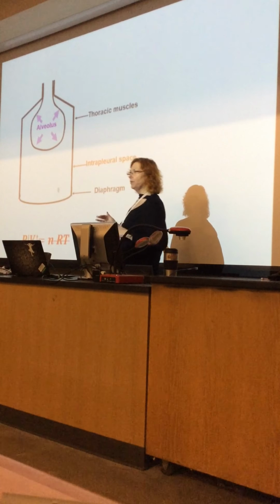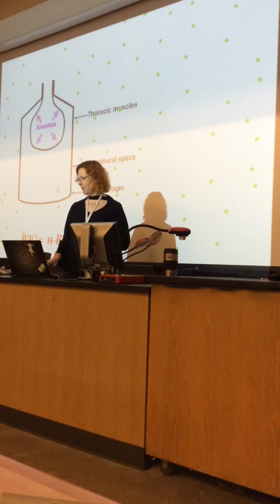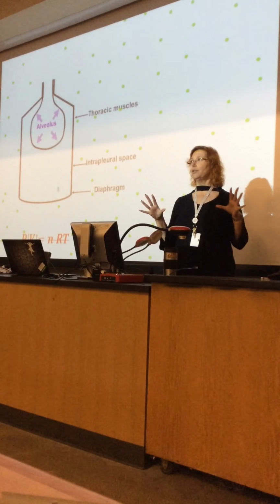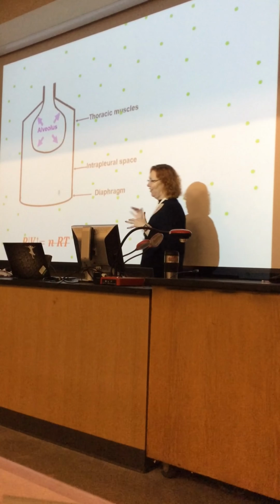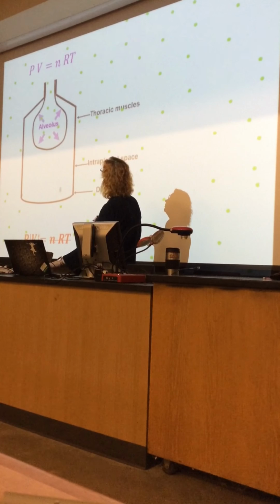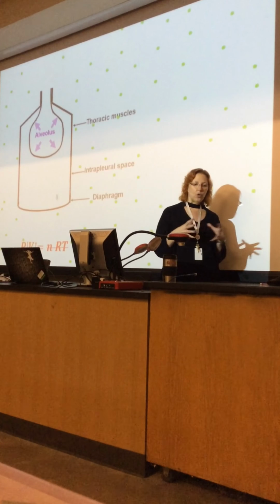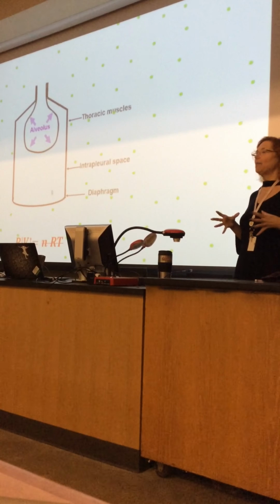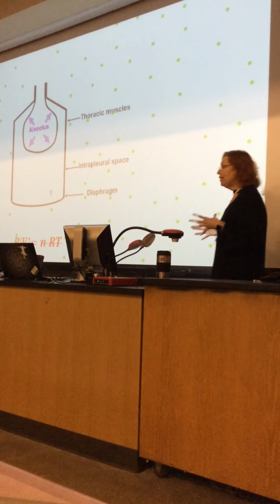Okay? So, I'm not looking at the intrapleural space anymore, because now we're going to look between the alveolus and the atmosphere. So I took out our intrapleural molecules, and now we're just going to focus on the molecules in the air and the alveolus. So, when my alveolus gets larger, what's going to happen to the pressure inside my alveolus? It's going to decrease.